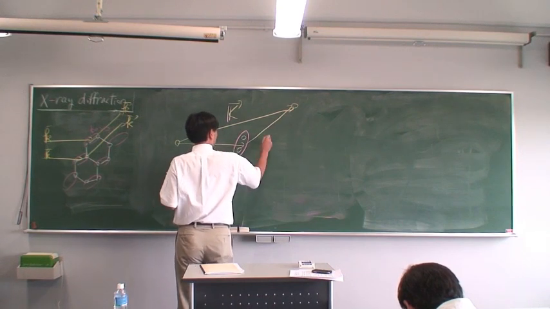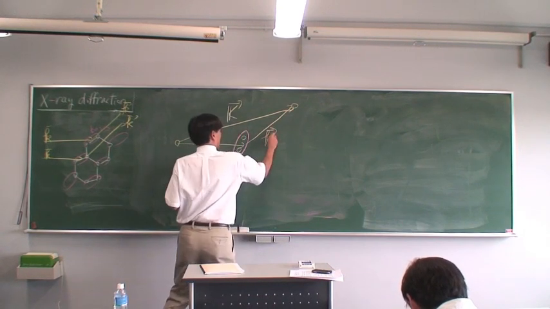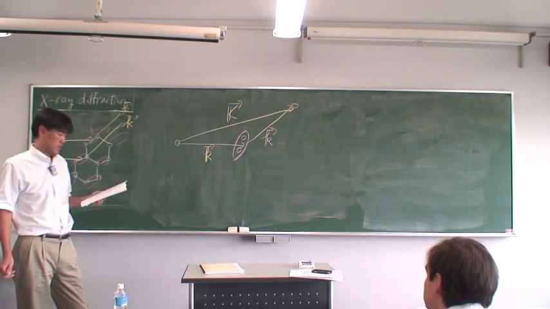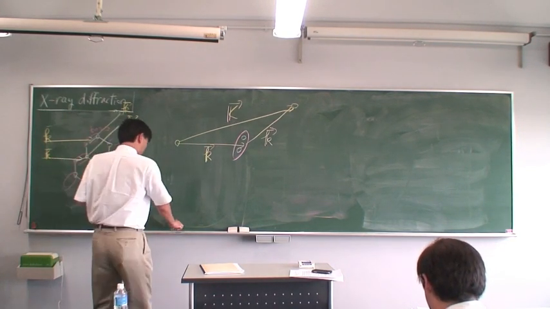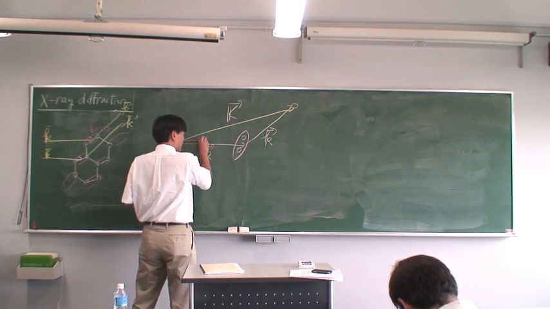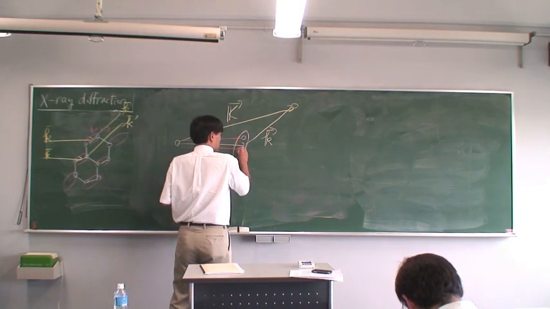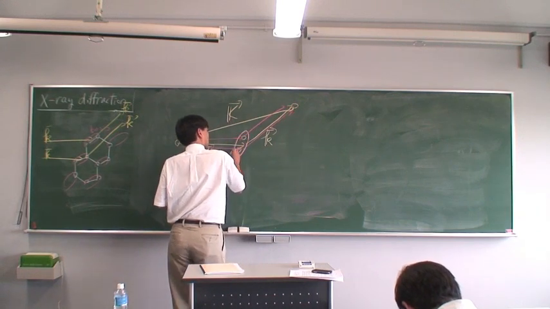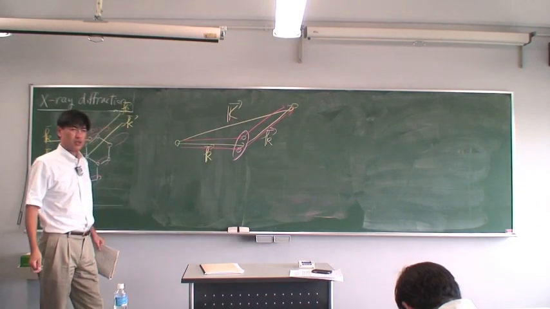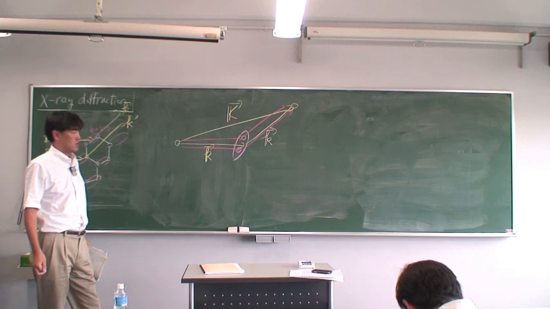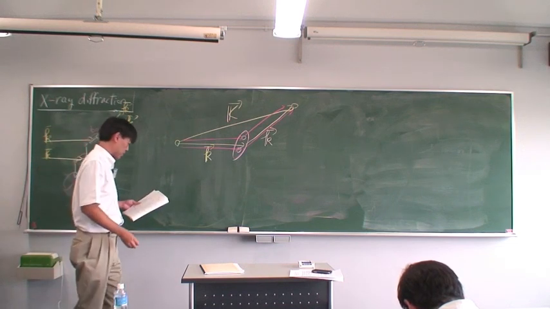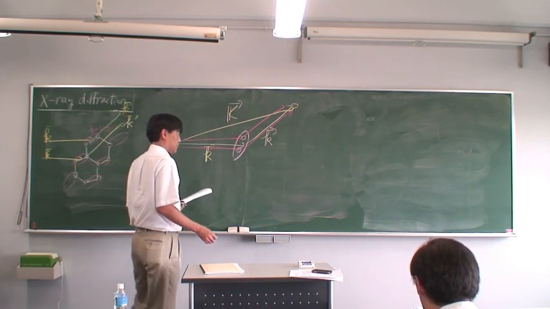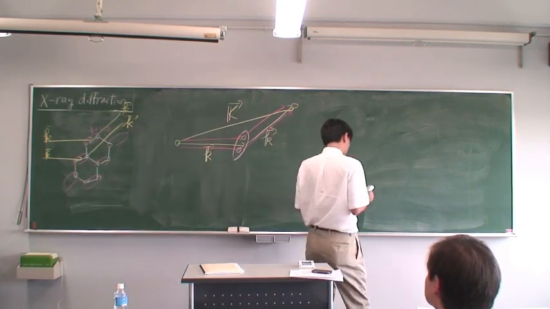That's the Laue condition for constructive diffraction. However, what is the effect of these two atoms on the actual constructive interference? This is what we are going to do. Okay?